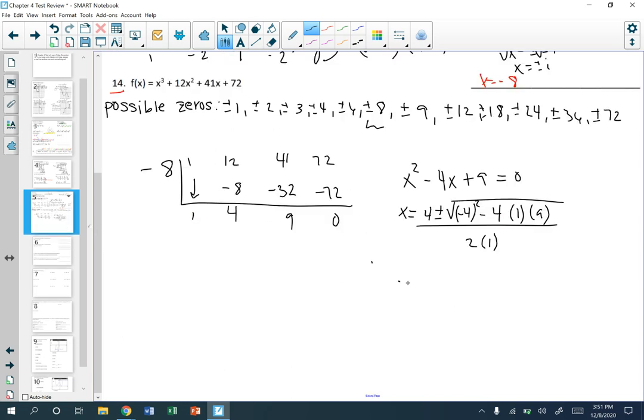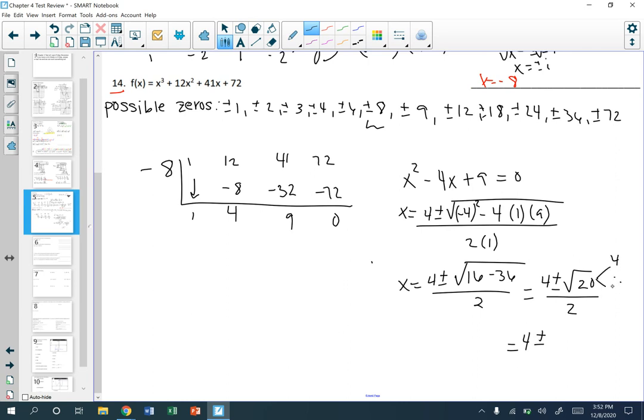So this is x equals 4 plus or minus the square root of 16 minus 36 over 2, which gives me 4 plus or minus the square root of 20 over 2, which is 4 plus or minus... 20 breaks up into 4 times 5, and 4 is that perfect square, so that's going to come out.